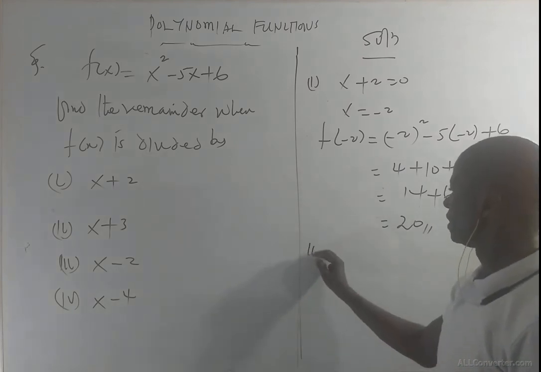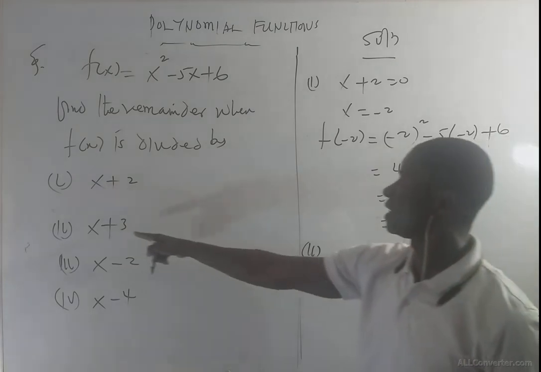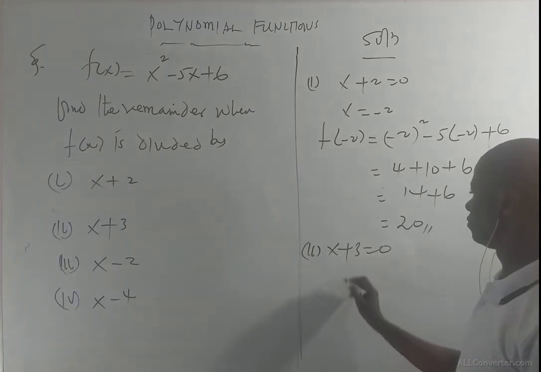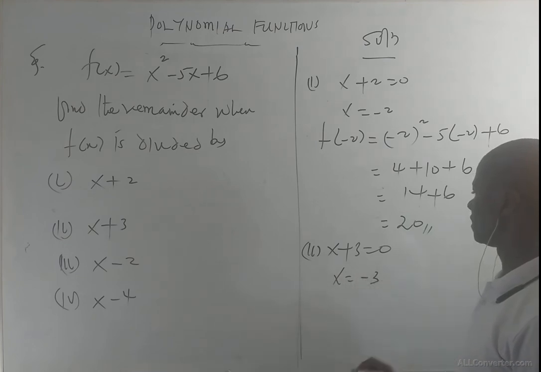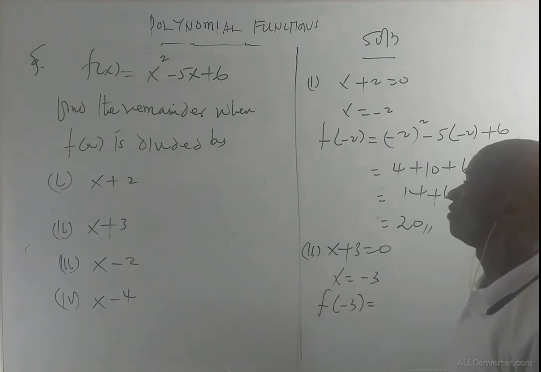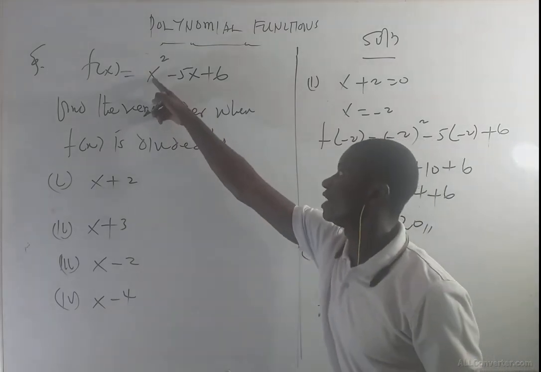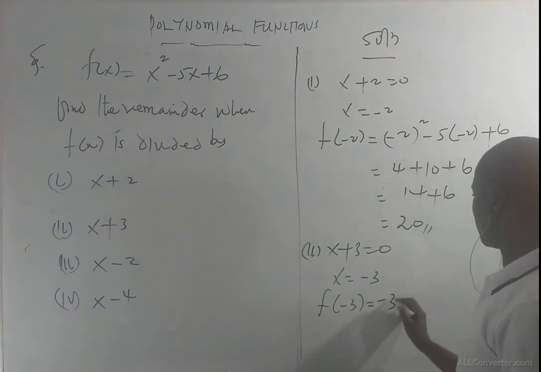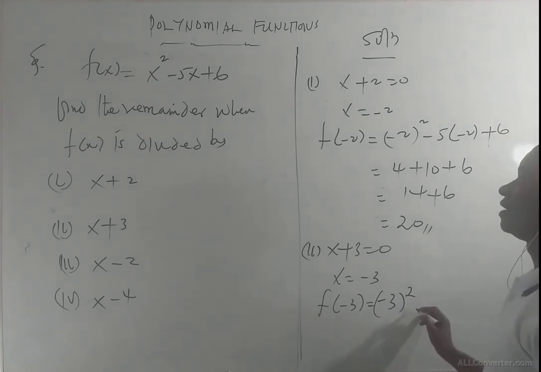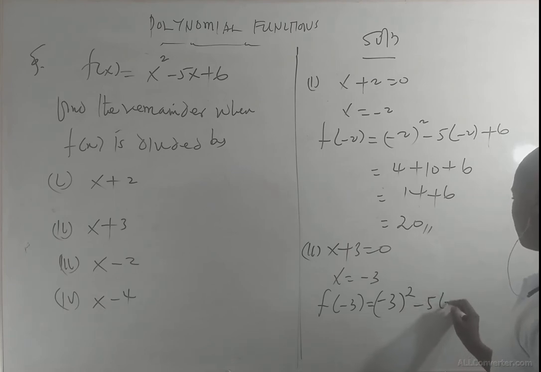Now, the divisor is x plus 3. So x plus 3, you have to equate that to 0. You solve for x and you are getting minus 3. If you want to find the remainder, it's f of minus 3. That means wherever you see x, you substitute that by minus 3. So we have minus 3 squared, minus 5 times minus 3, then we have plus 6.